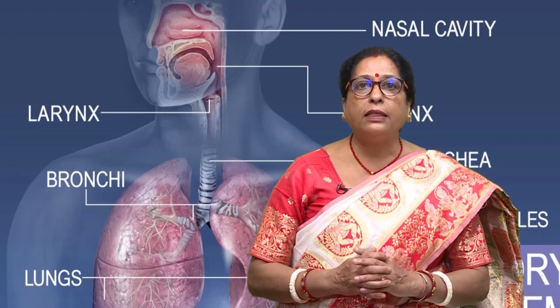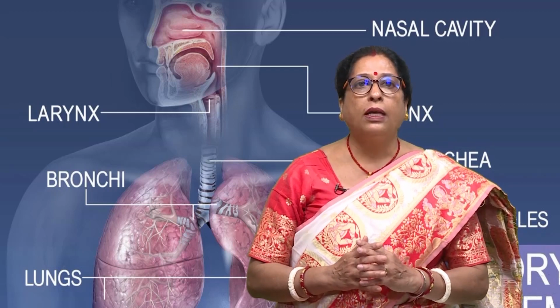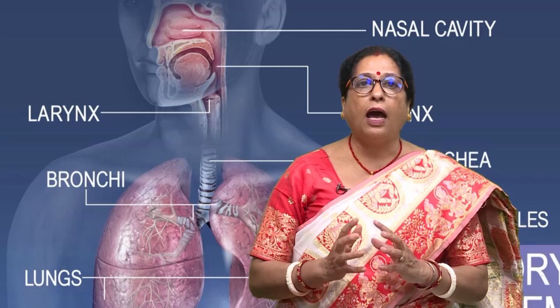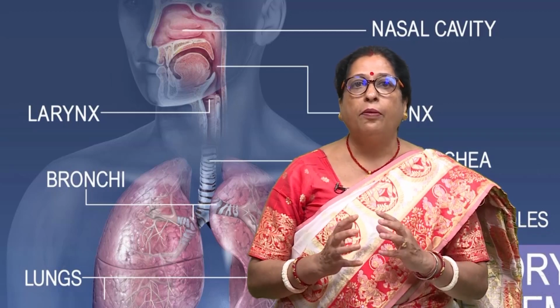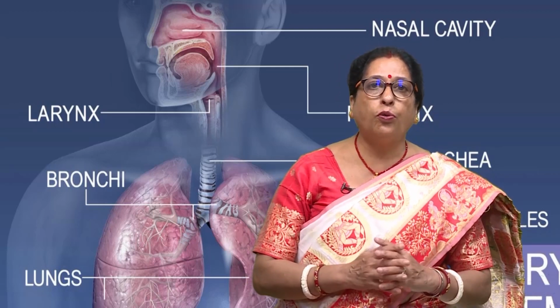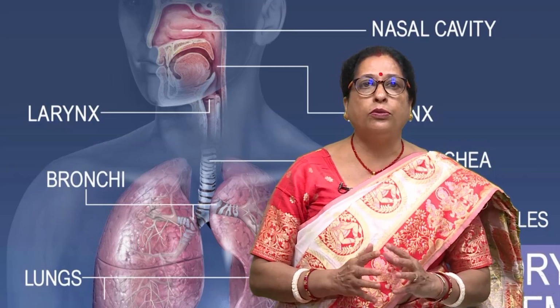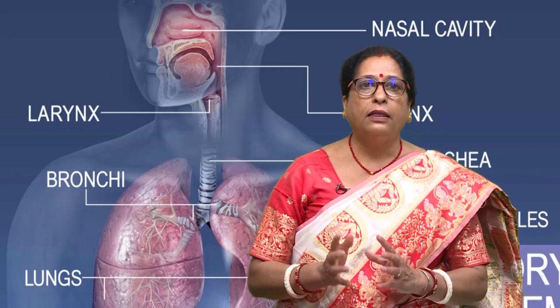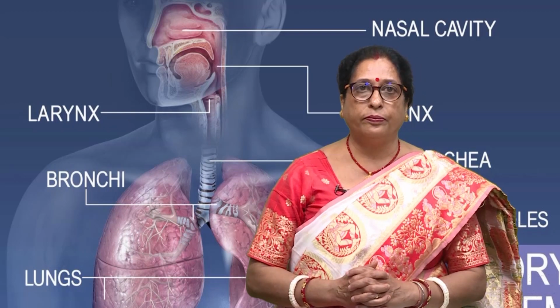The oropharynx connects the nose and the back of the mouth to the esophagus, and the hypopharynx is the passageway for food, and food goes from the mouth through the hypopharynx and esophagus and then into the stomach.